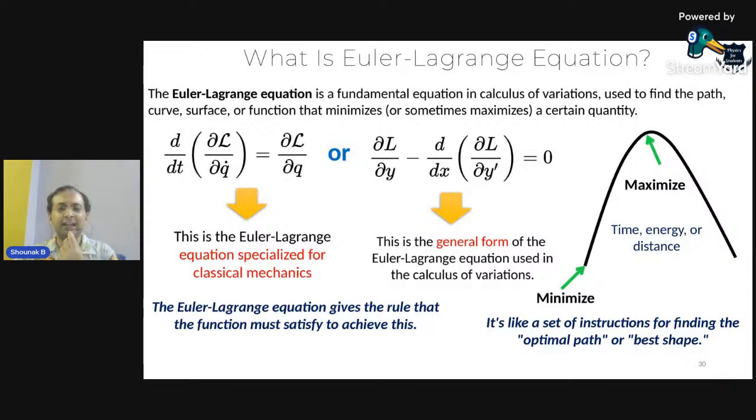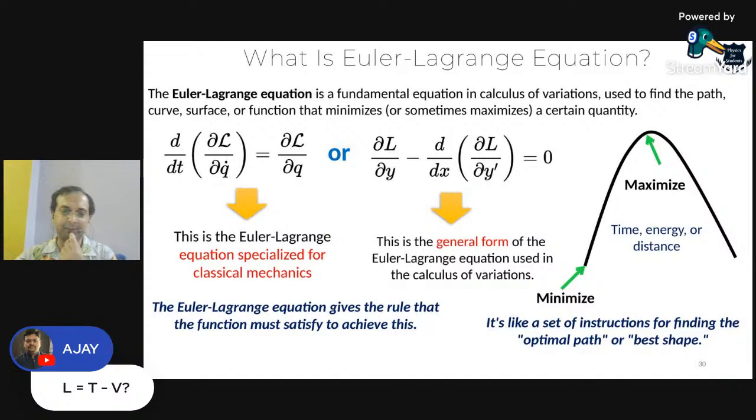That means it actually tells the shape or behavior that the function should have. You can say it is like an instruction for finding the optimal path or the best shape. Now, obviously, this L equals T minus V, yes, absolutely, you're right.